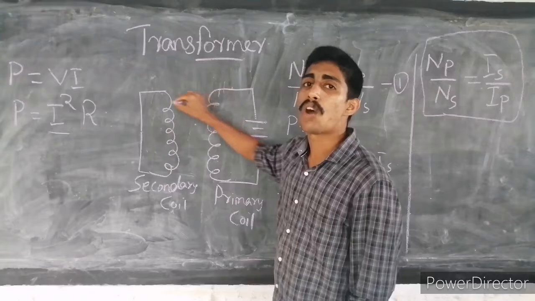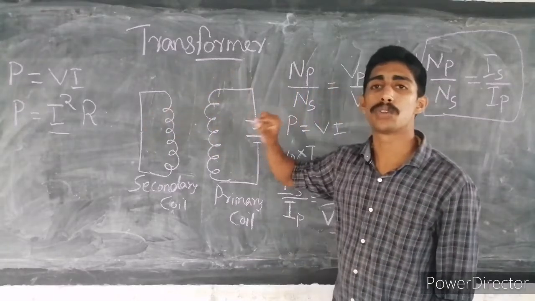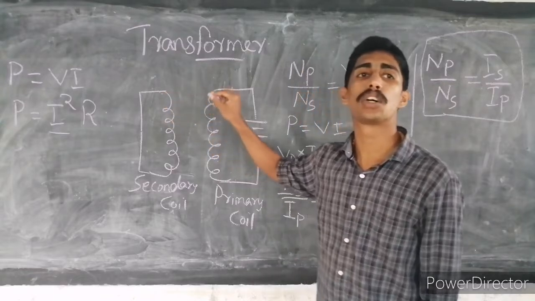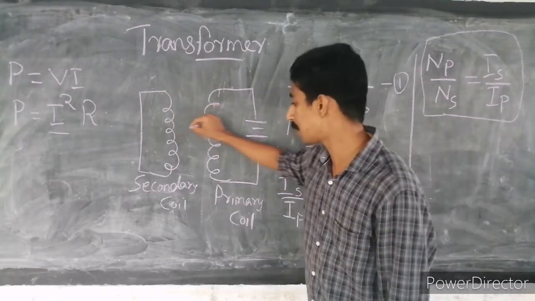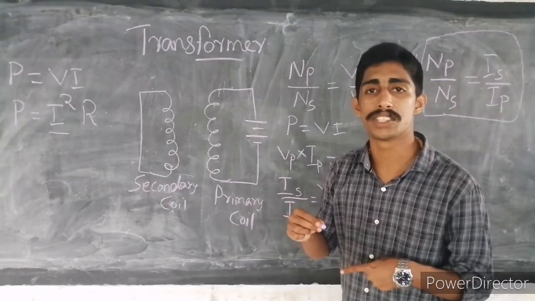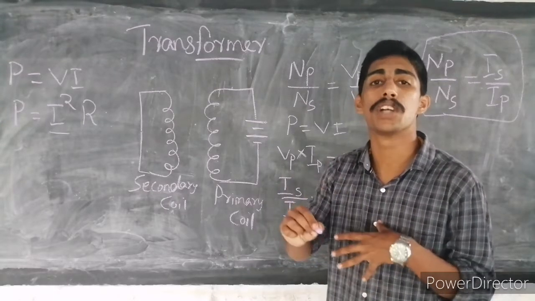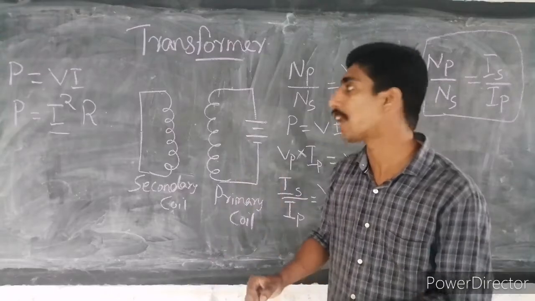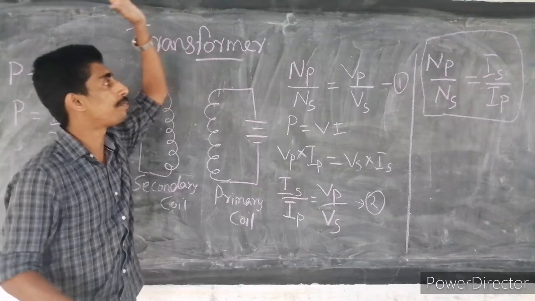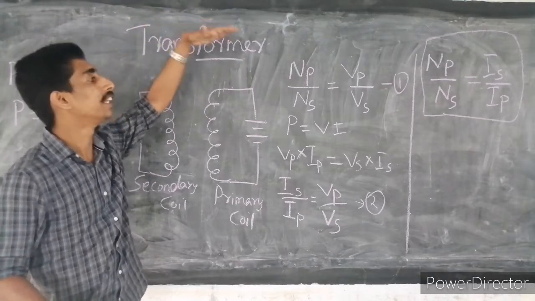The working of the transformer depends only upon the number of turns in both the secondary and primary coils. The working and all we will study in the next class. Before that, we have to study the equations of the transformer.